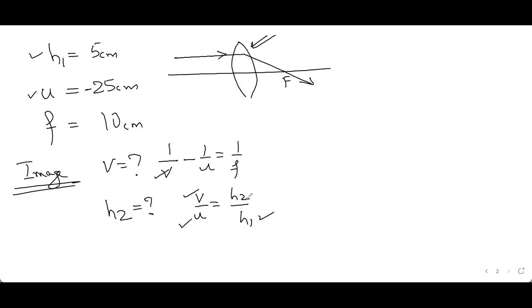So as soon as we find h2, or even if we don't, if we take v and u, it will tell us the sign of v by u, that is m, whether it is positive or negative. If it is positive, it means it is erect, so virtual. Inverted means negative, which means it is real.